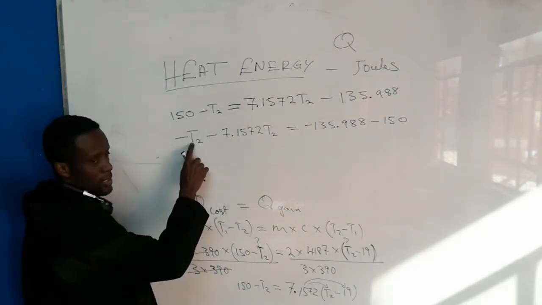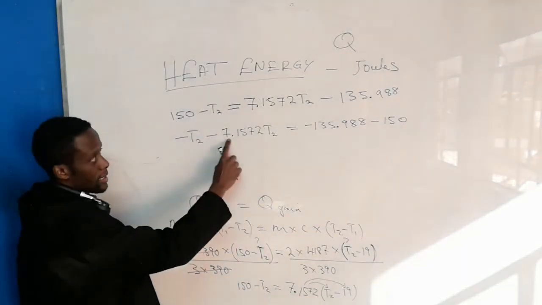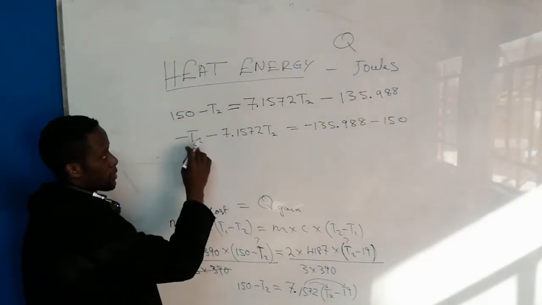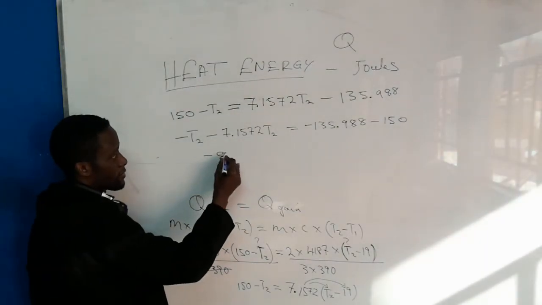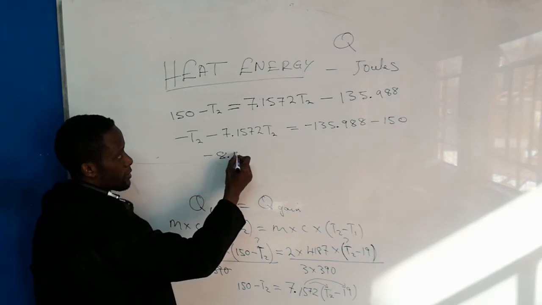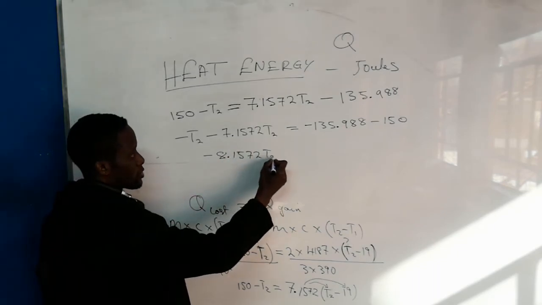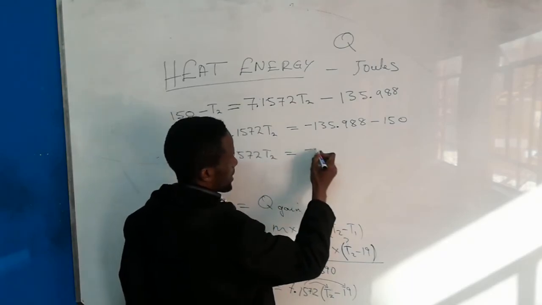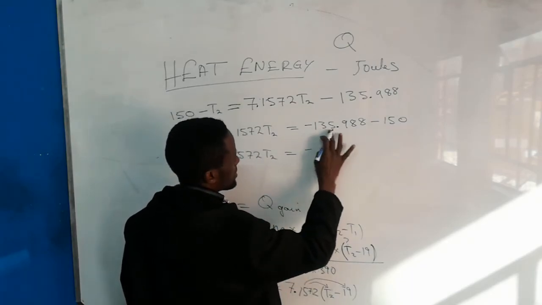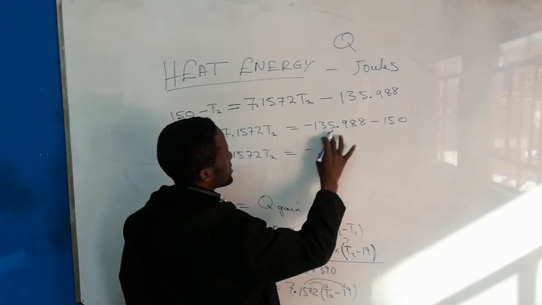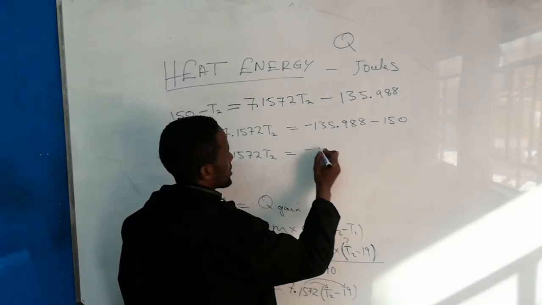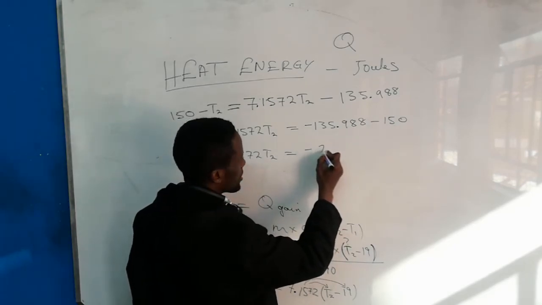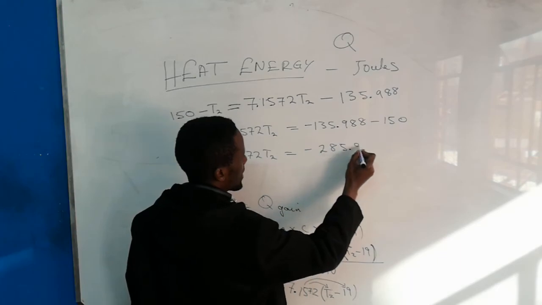On this side it is 1 and this is 7,30. When you minus, it becomes a negative 8,1572 T2 is equal to this, and that gives us how much? Negative 285,988.